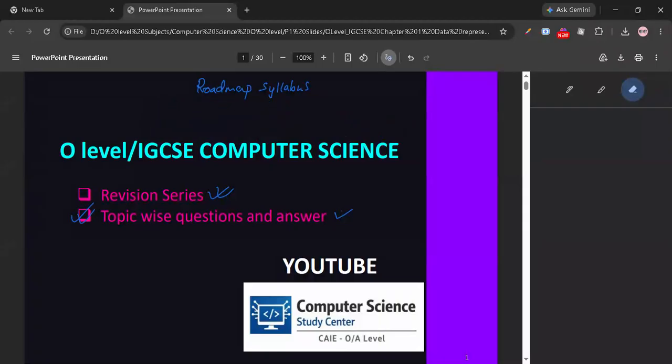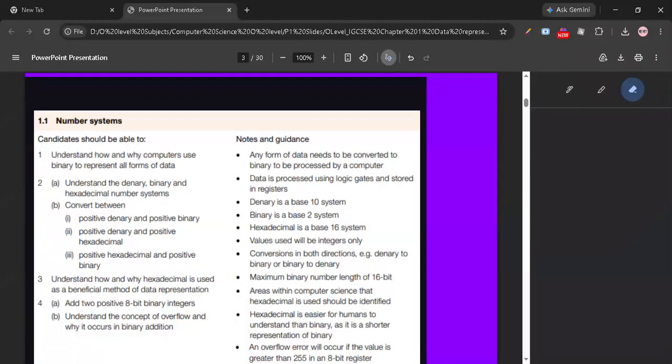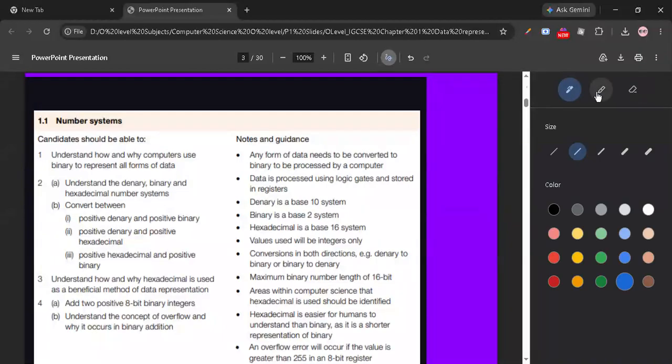So let's move on to chapter 1, data representation. Here we have the syllabus. It says why computers use the binary system to represent all forms of data, and to understand binary and hexadecimal numbers and convert between them.